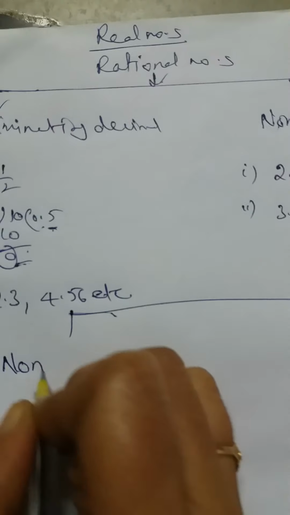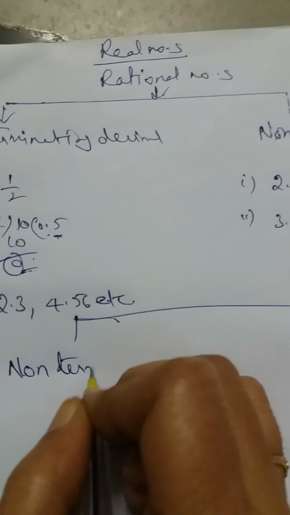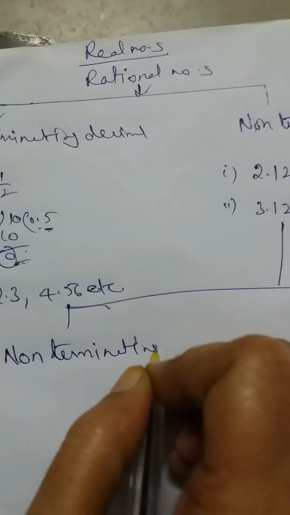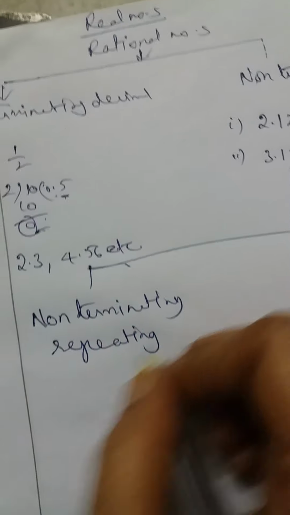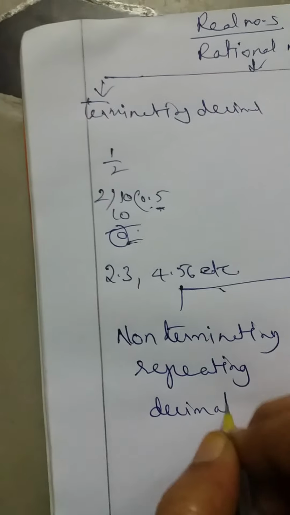Here we can observe that among these non-terminating decimals, some are repeating and some are non-repeating. So we can classify non-terminating decimals into two types: non-terminating and repeating decimals, and non-terminating and non-repeating decimals.